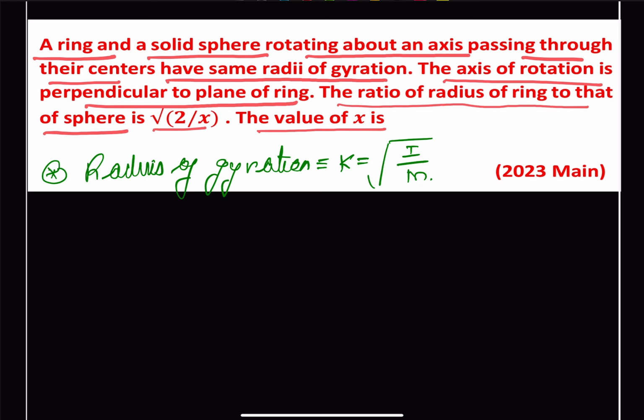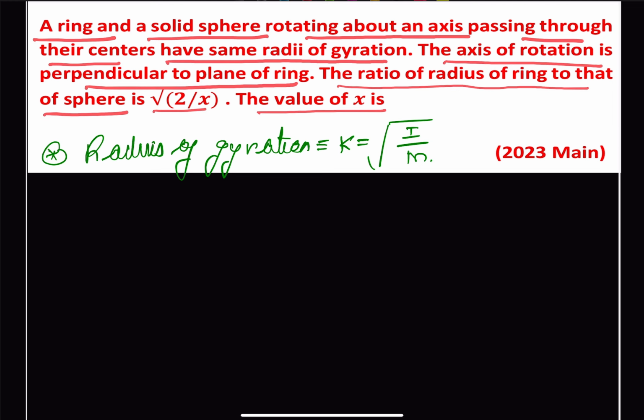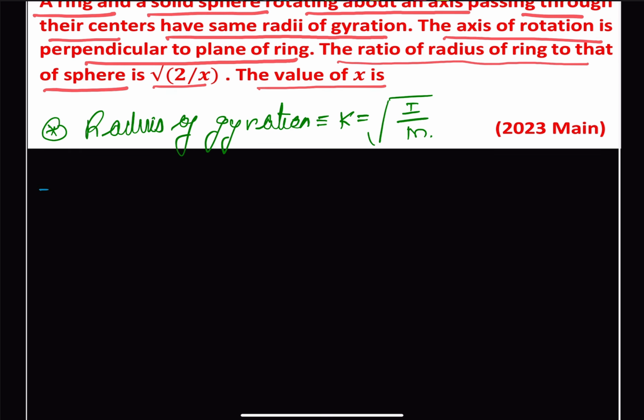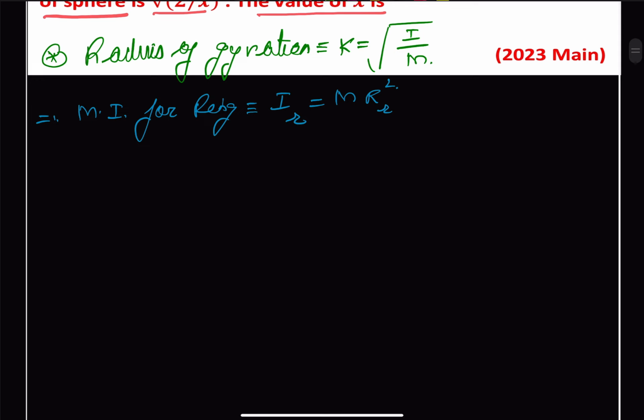Now we have two different objects, ring and solid sphere, so their moments of inertia will be different. Therefore we can say that the moment of inertia for the ring, let us call this I R, is equal to mass into the radius of the ring whole square. And next is our sphere.